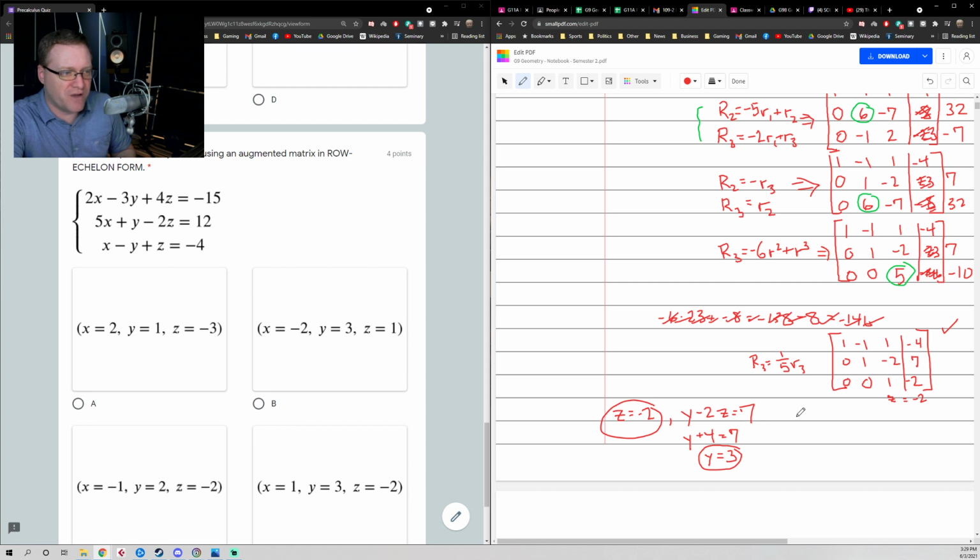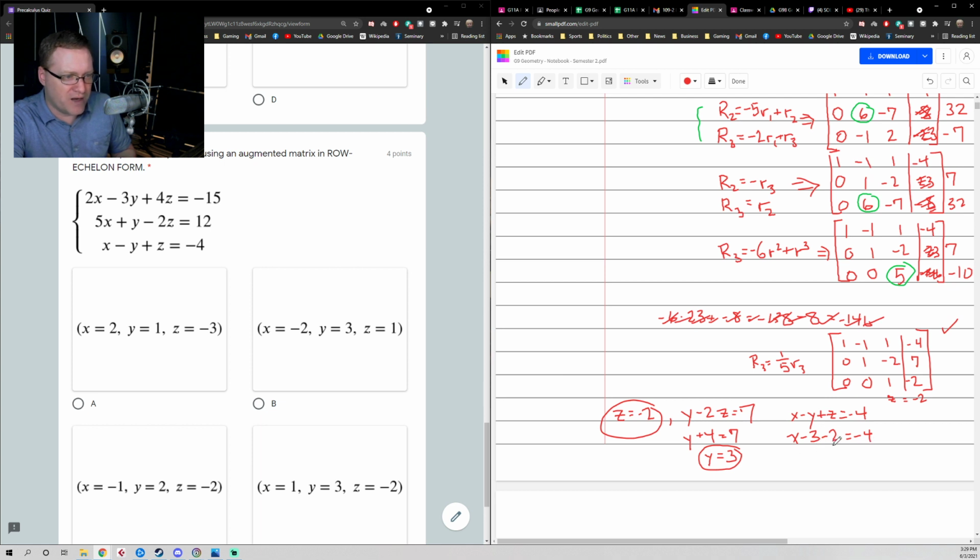And then let's look at the final equation, which is x minus y plus z equals -4. All right, but we already know that, so we can write this out. We know that y equals 3, so this is x minus 3 plus z, and z is negative 2, so that's minus 2 equals negative 4.